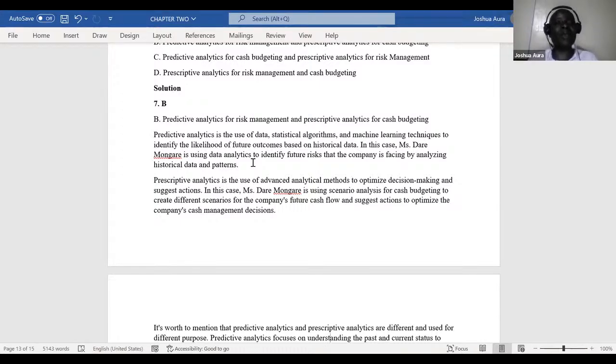Prescriptive analytics is the use of advanced analytics methods to optimize decision making. When you're coming up with this budget, you're making decisions and suggesting actions. In this case, Ms. Daremongare is using scenario analysis for cash budgeting to create different scenarios for the company's future cash flow and suggest actions to optimize the company's cash management decisions.